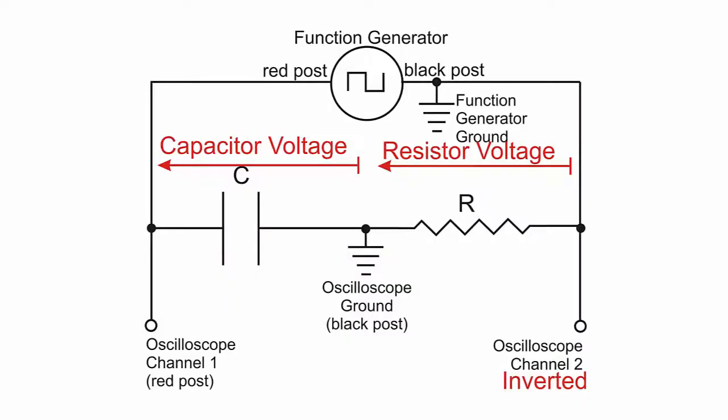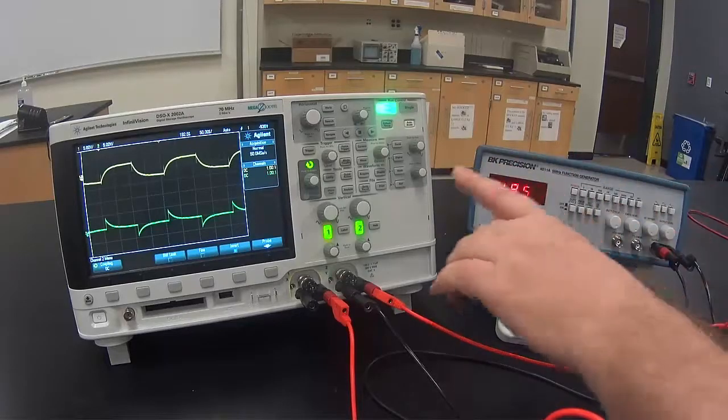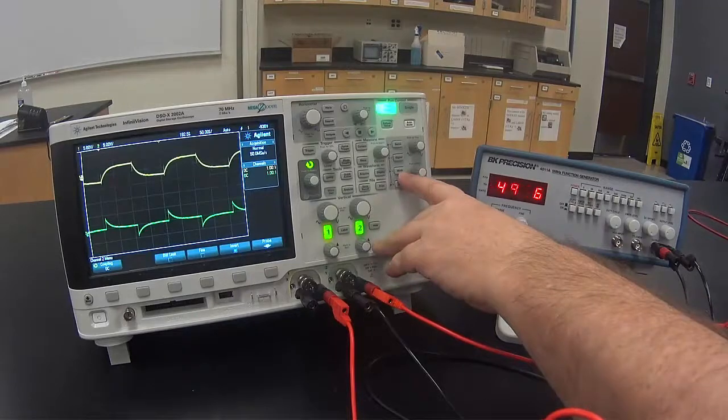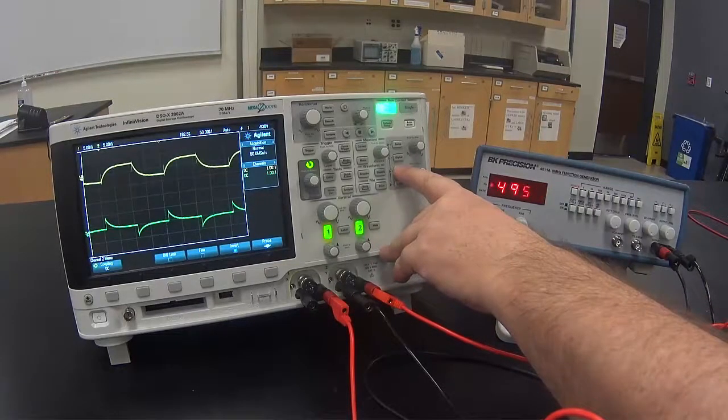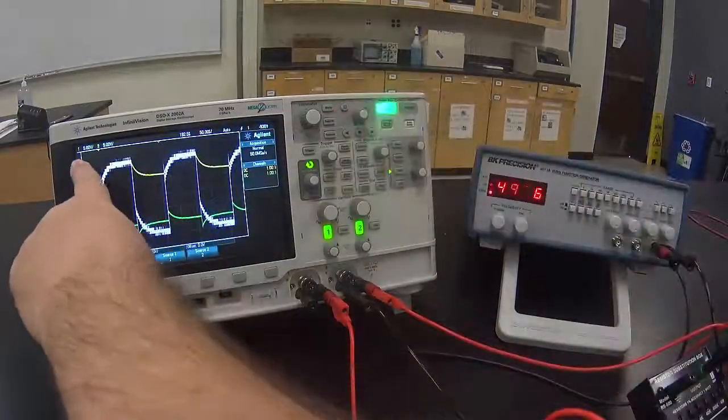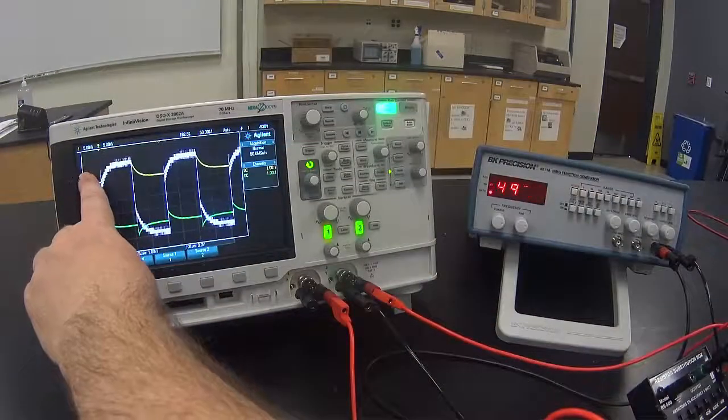The voltage across the resistor plus the voltage across the capacitor should add up to the voltage across the function generator. The oscilloscope has a feature called math. Go ahead and push the math button. Check that the volts per division on both channels is the same.